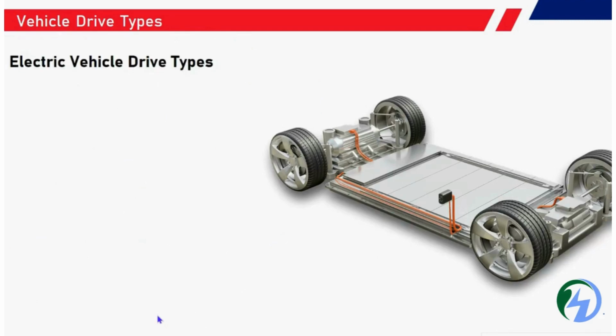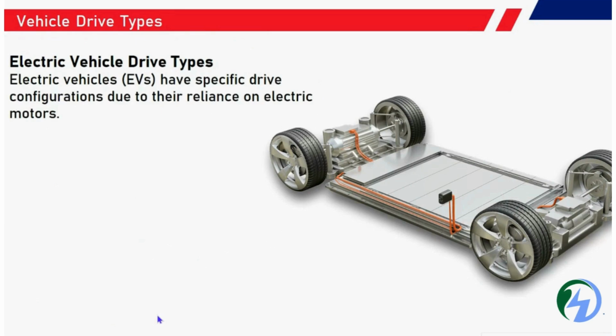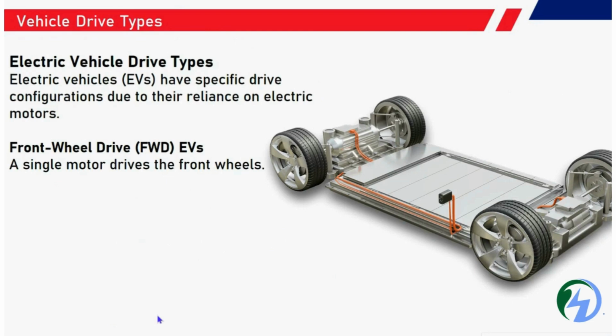And next are the electric vehicle drive types. Electric vehicles can be driven in these configurations due to their reliance on electric motors. For front-wheel drive in an EV, a single motor drives the front wheels. Previously we talked about the engine and the propulsion system, and how it delivers power to the rear or front wheels.